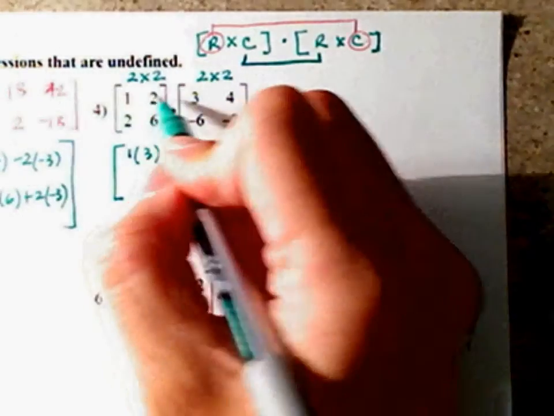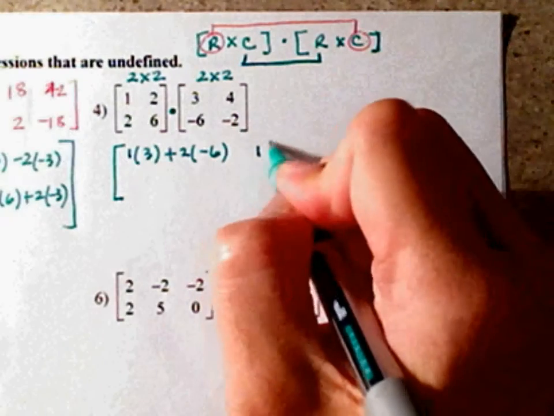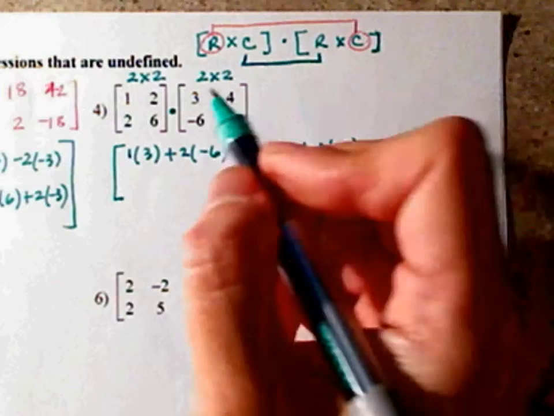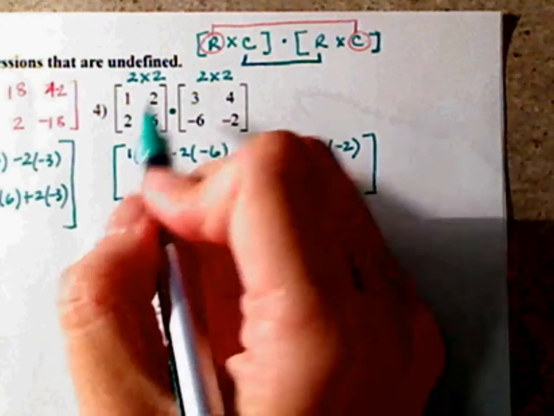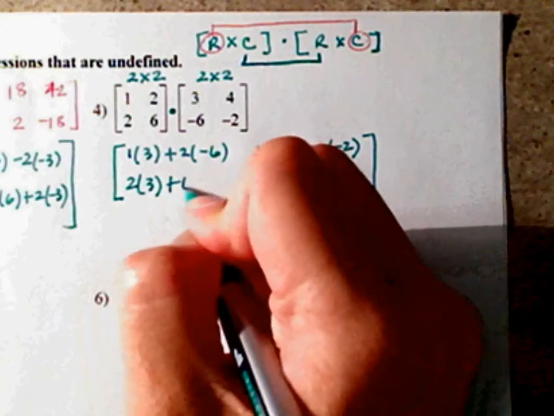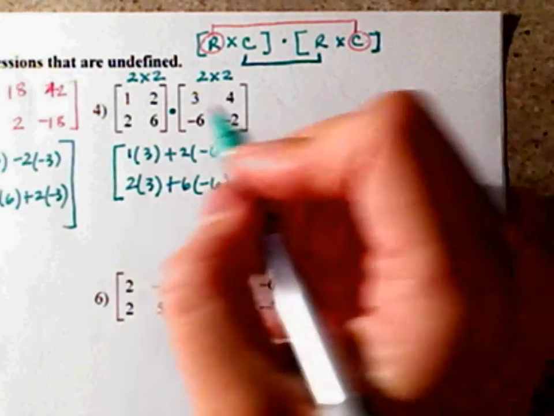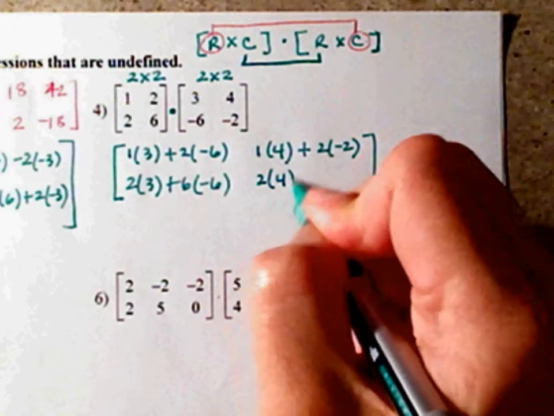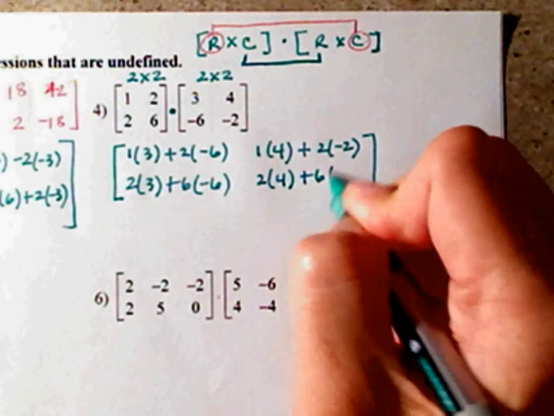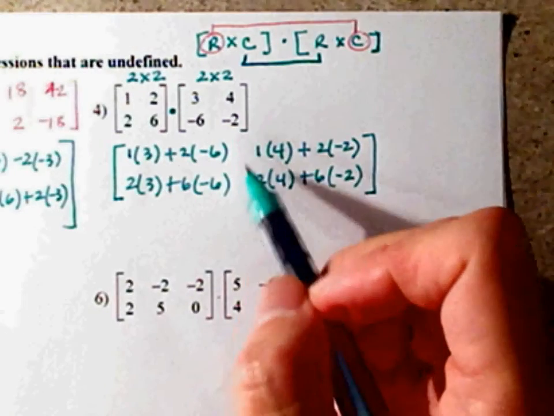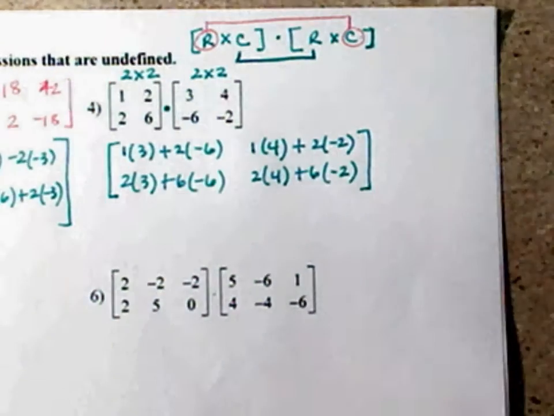First row, second column. 1 times 4 plus 2 times negative 2. Okay. Second row, first column. 2 times 3 plus 6 times negative 6. Second row, second column. 2 times 4 plus 6 times negative 2. By the way, don't use commas. Just leave a little bit of a space. Okay? Don't go and use commas.